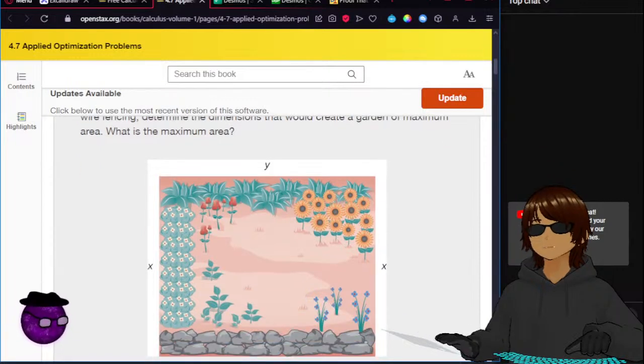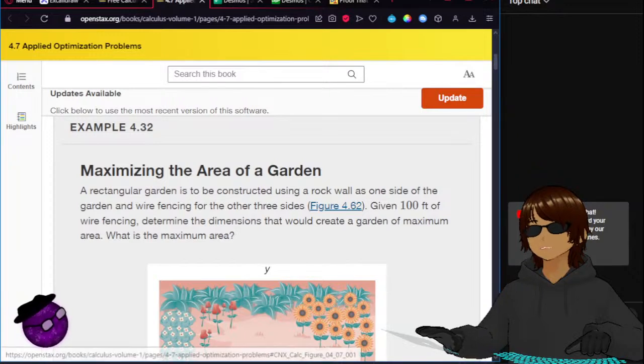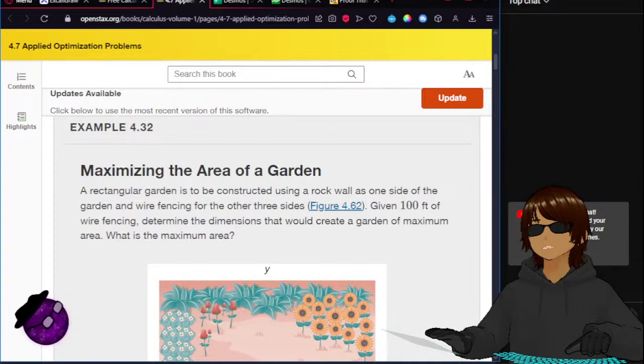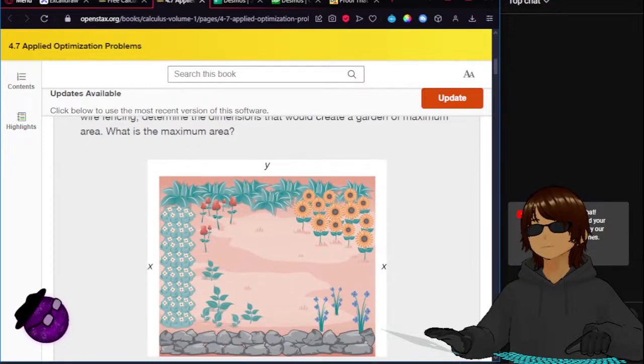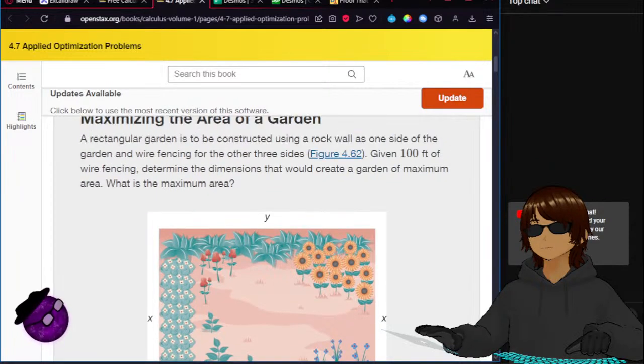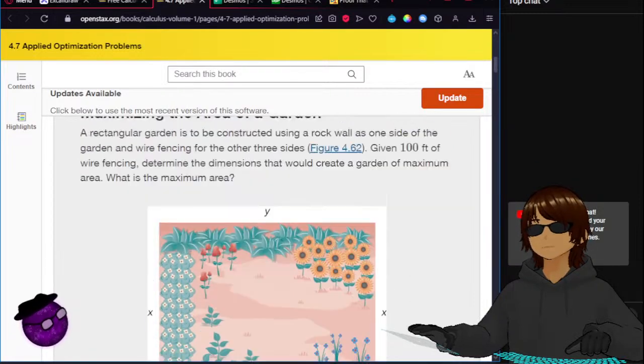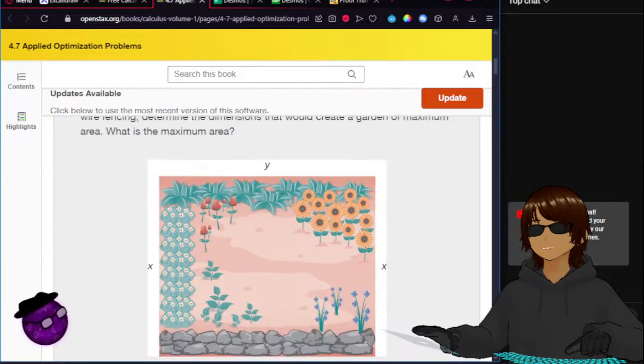The garden is constructed using a rock wall for one side, and wire fencing for the other sides. Okay, so there's wire fencing here. Given 100 feet of wire fencing, determine the dimensions that would create a garden of maximum area. And it has to be a rectangle.